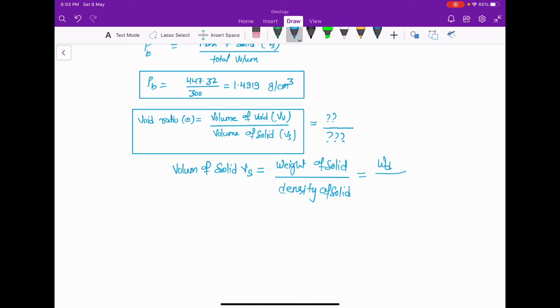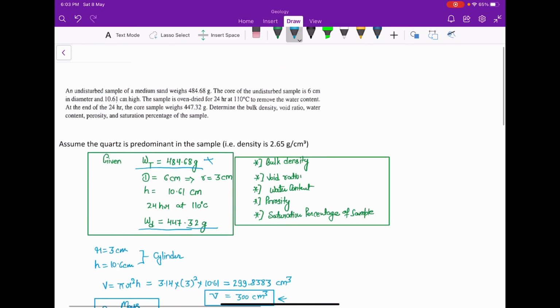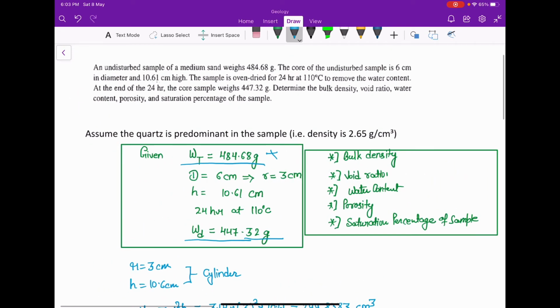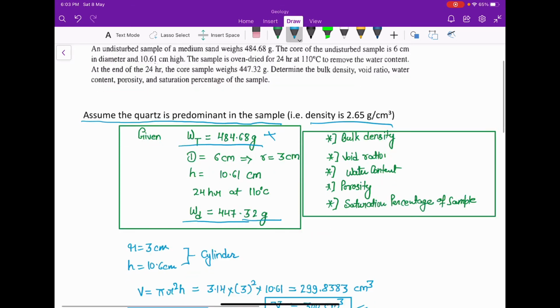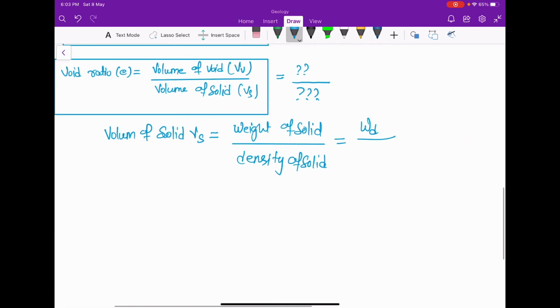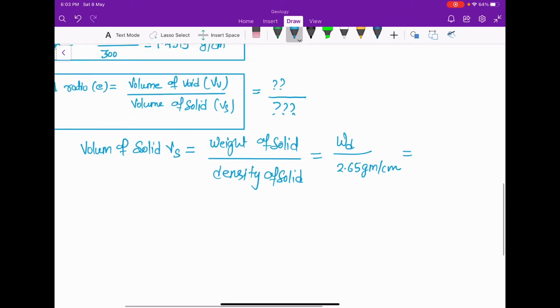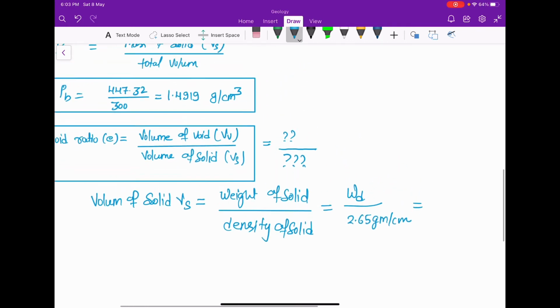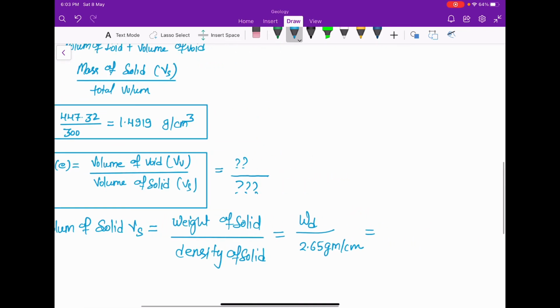For the density of solid, it is given to assume that quartz is predominant in the sample, so the density will be 2.65 gram per centimeter cube, and WD is equal to 447.32.